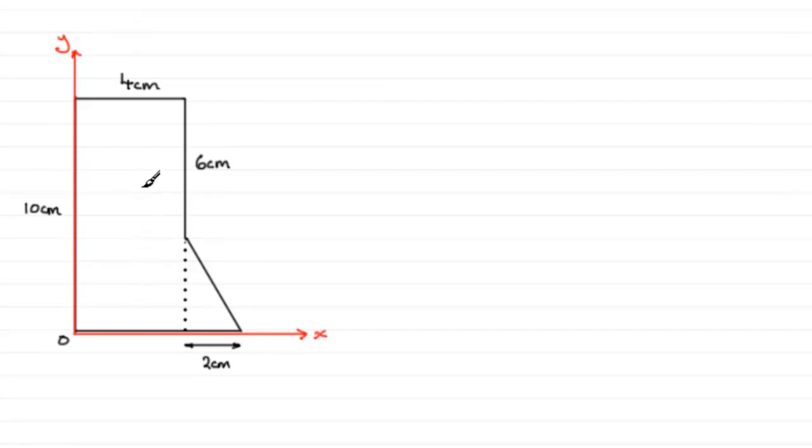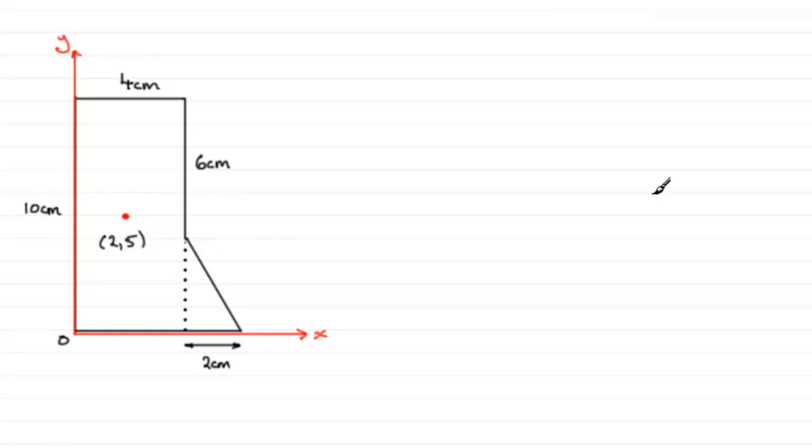Need to put the centers of mass now of each of these two shapes. So we know that they're uniform, so the center of mass of the rectangle here is going to be in the middle. And that will have coordinates of 2 across, 5 up. So we'll just mark that in as 2, 5.